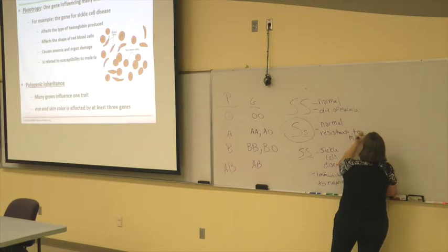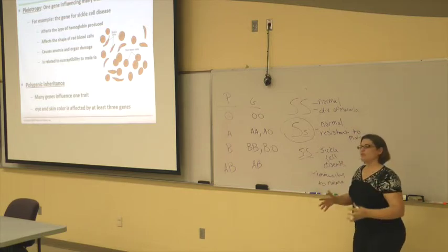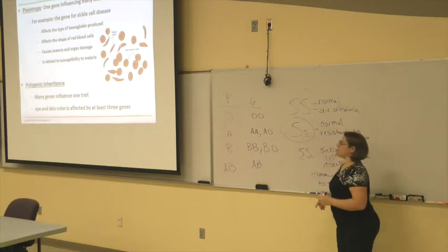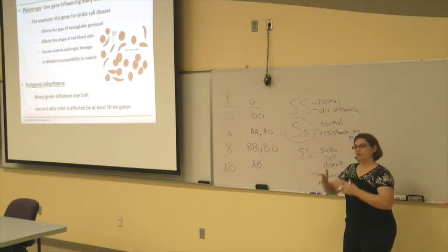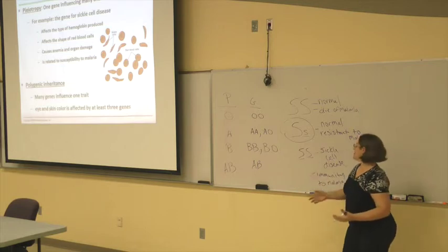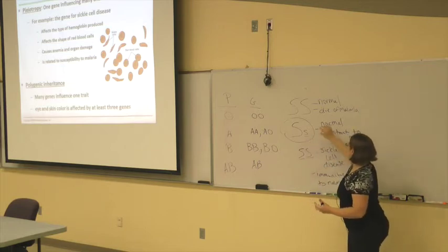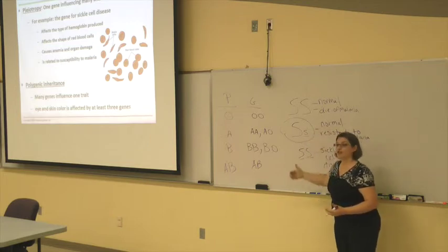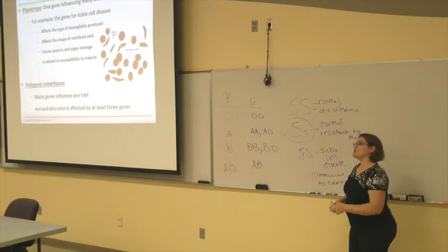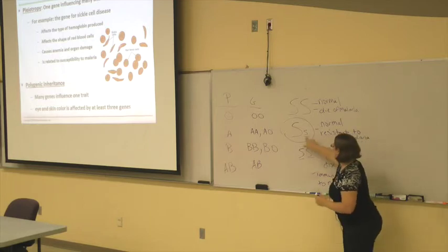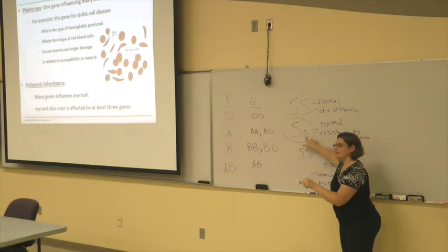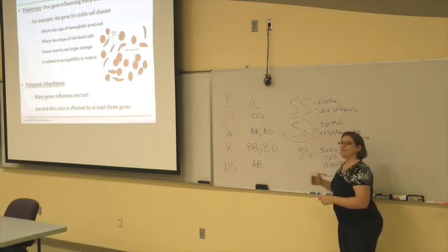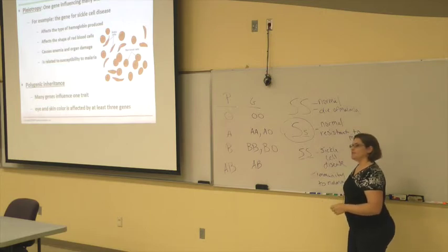So over generations, amongst people who live in malaria-plagued regions of the world, this genotype has become the most persistent and abundant, because these are the people who tend to have the most babies and survive longer and pass this gene on to the next generation. It's called a heterozygote advantage. You're a carrier of the recessive allele, so you have that resistance to malaria, but you do not have the negative impacts of sickle cell disease.